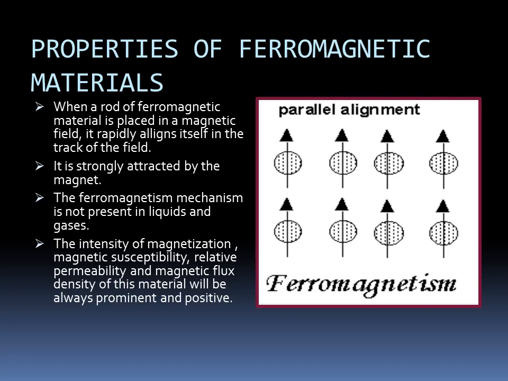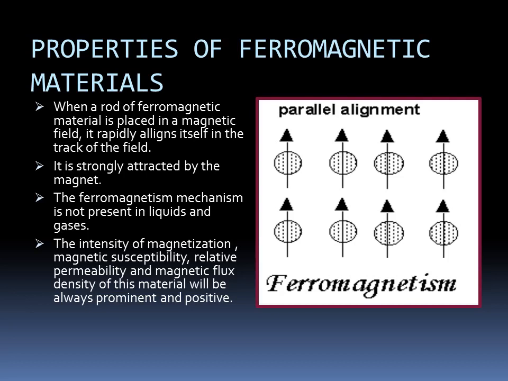The answer to this question is that when a rod of ferromagnetic material is placed in a magnetic field, it rapidly aligns itself in the direction of the field. Second, it is strongly attracted by the magnet. Third, the ferromagnetism mechanism is not present in liquids and gases.